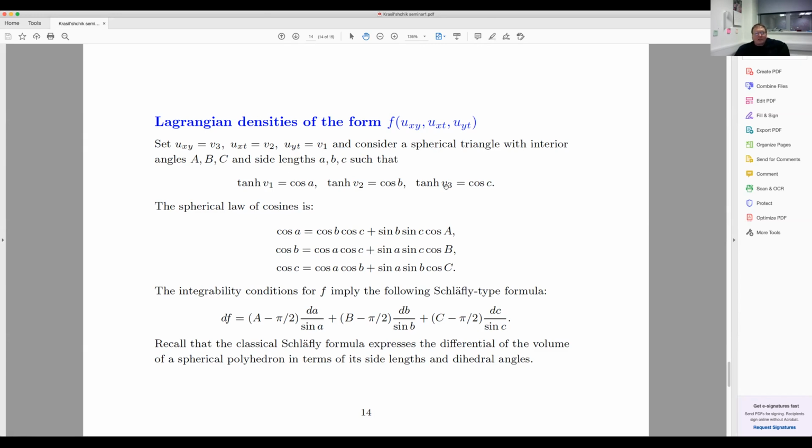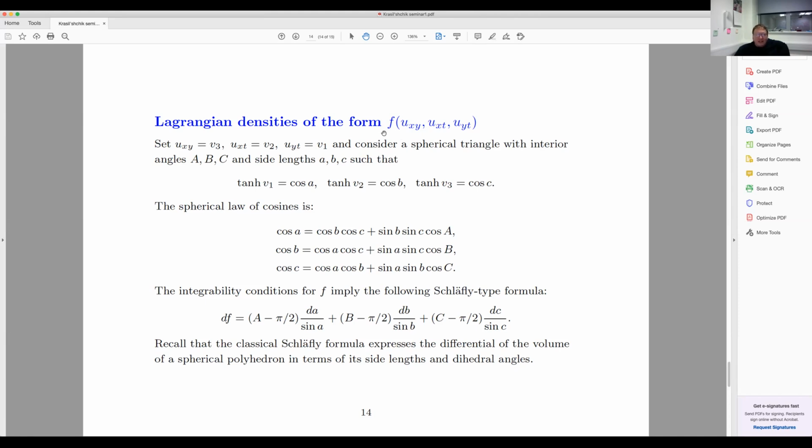So now we can use these formulas to express capital A, capital B, and capital C. In other words, with these v1, v2, v3 variables, we associate a certain spherical triangle with side lengths and angles capital A, capital B, and capital C, which are explicitly expressed in terms of v1, v2, v3. This is what I need.